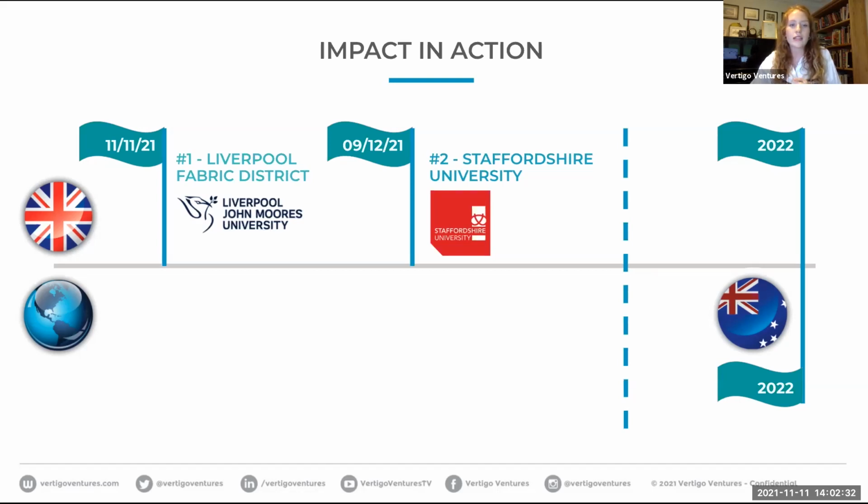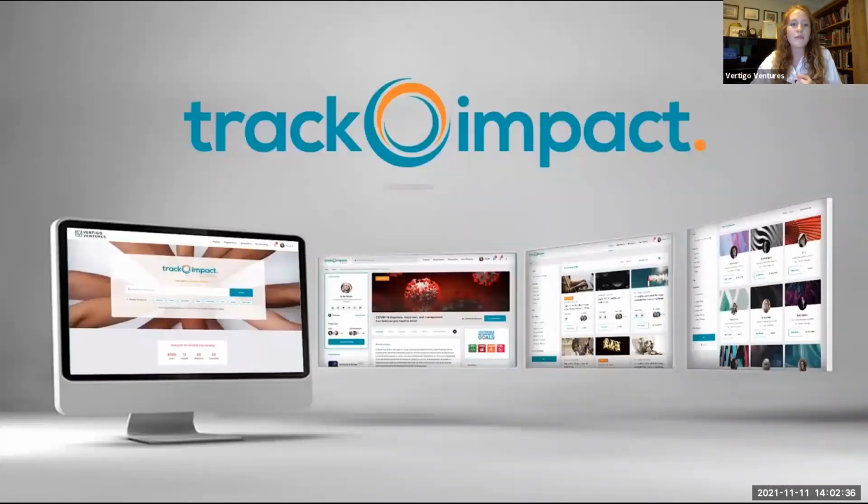So I hope you've all had a chance to look at John's project on Track Impact. So for anyone who isn't aware, Track Impact is our new research collaboration platform. So we really encourage everyone to sign up to their free account. And for any of you who are existing users of Impact Tracker, you can already start publishing your projects.